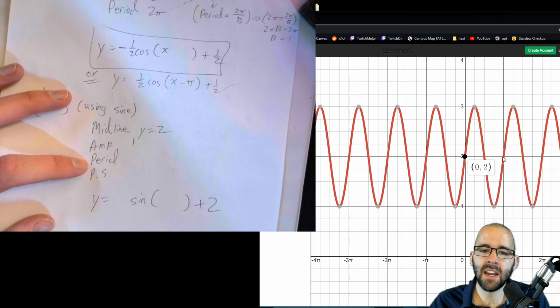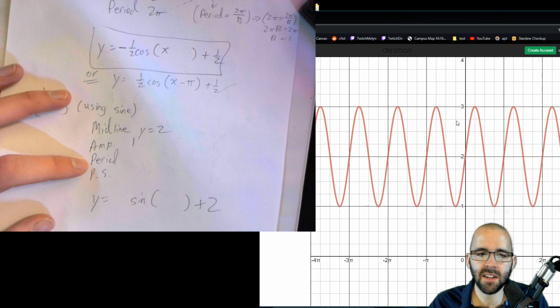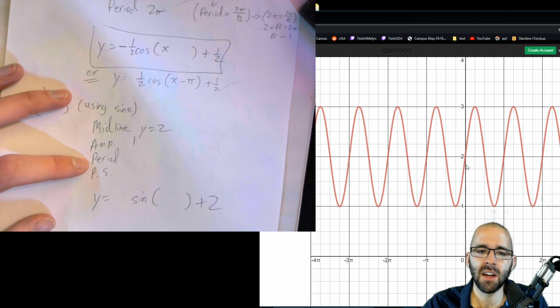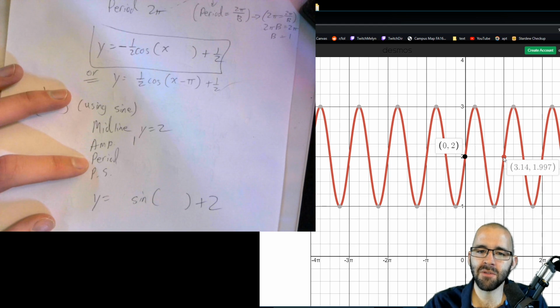How long does it take us to start repeating? Hold on. Why is it not letting me click where I want to click? I want to show this point. It's not letting me highlight this point, but it's 3.14.